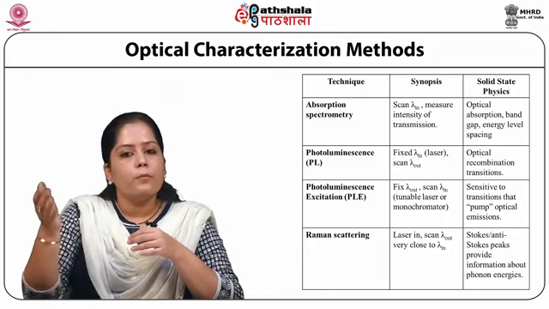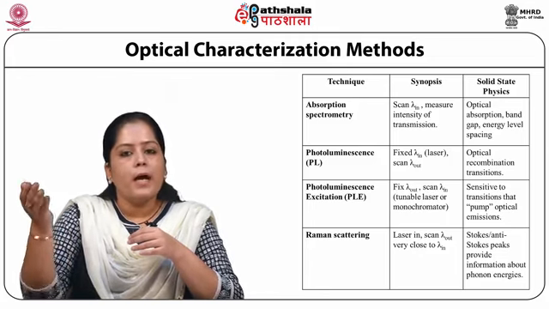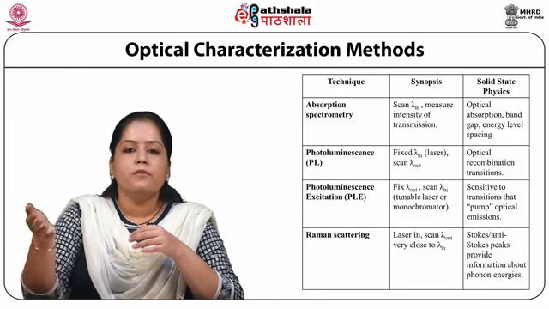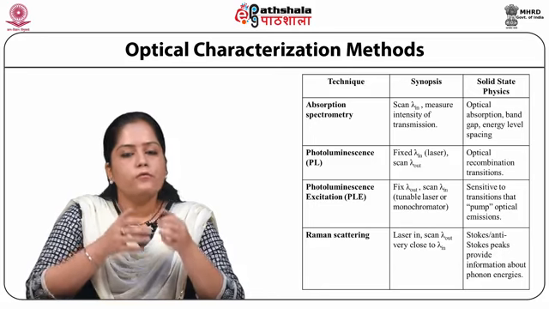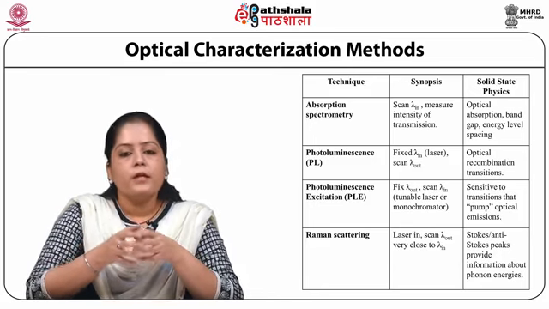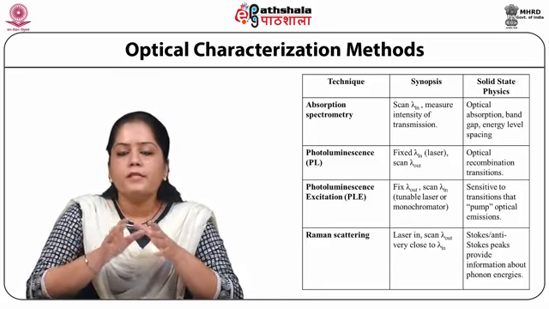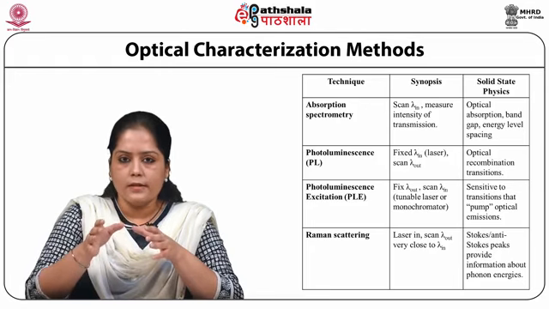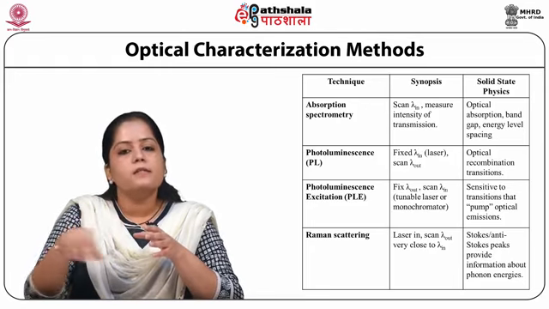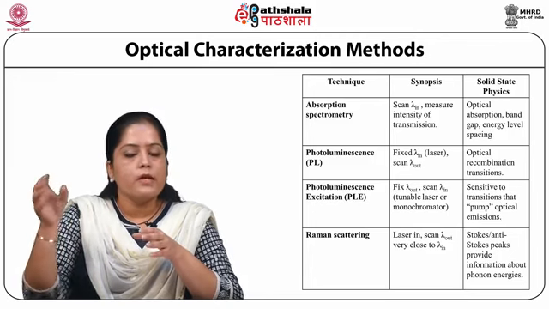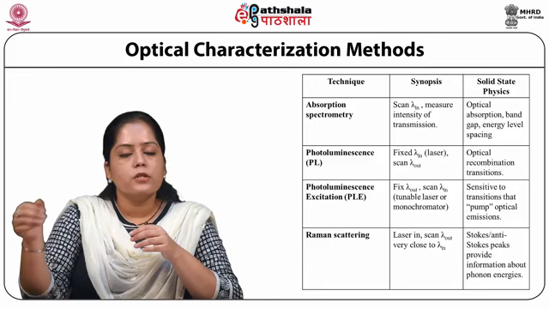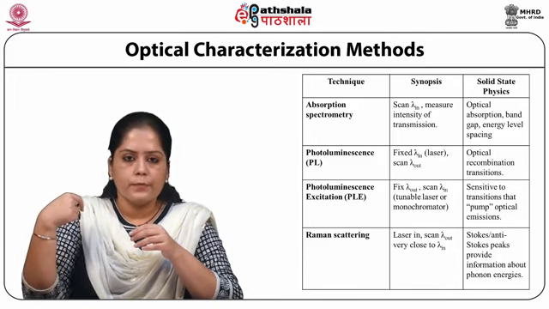It is used in optical absorption, band gap, and energy level spacing determination. Next is photoluminescence. Here there is a fixed wavelength of the laser and it scans the output wavelength. It is used in optical recombination transitions.